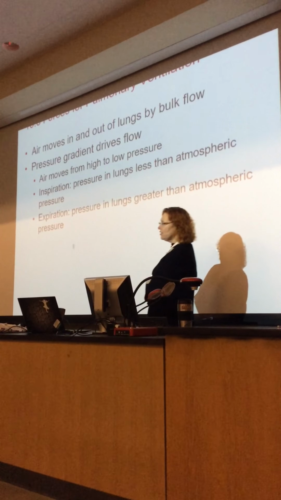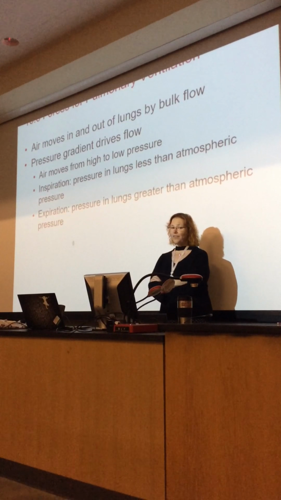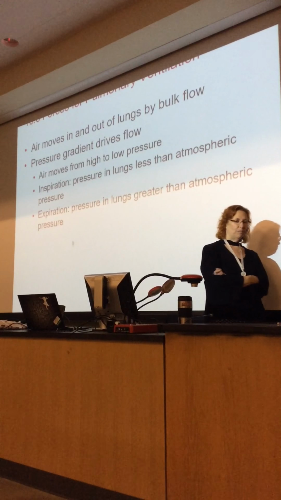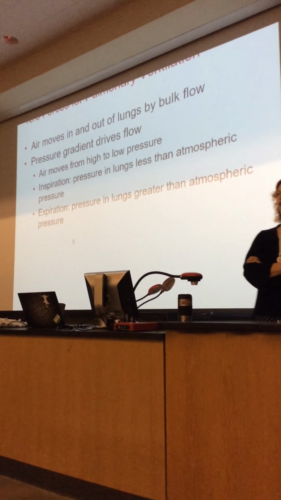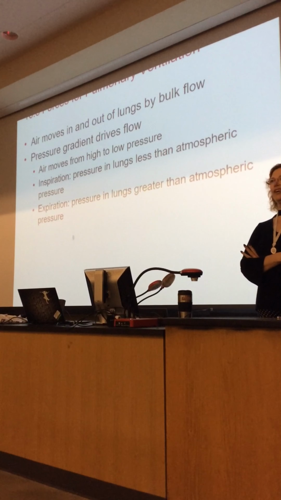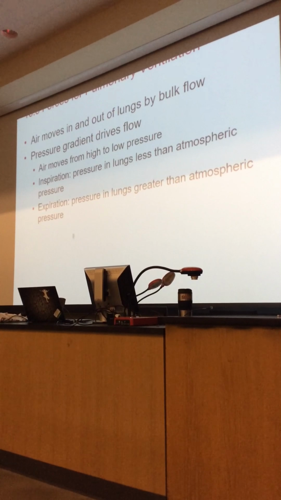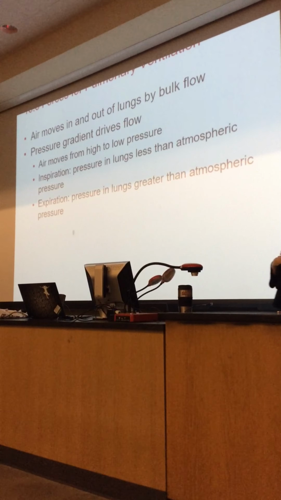So this is forces for pulmonary ventilation. Air moves in and out of the lungs by what we call bulk flow. Bulk flow means whichever way the pressure is higher, things are going to move in general that way. The pressure gradient drives bulk flow.